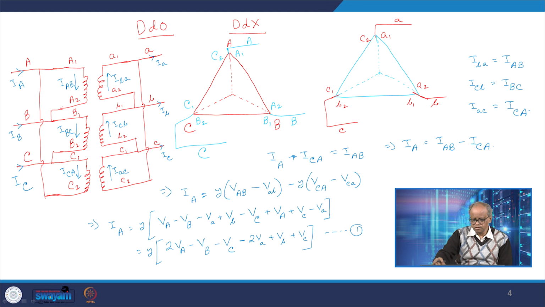So we will use these relations when we go for calculating the secondary side currents. So we will continue with this derivation in the next lecture. Thank you.